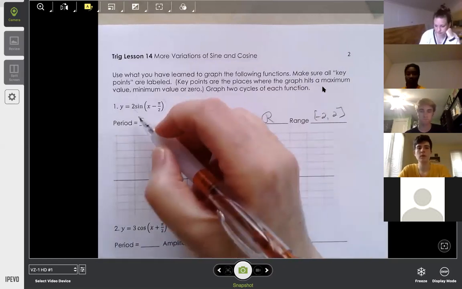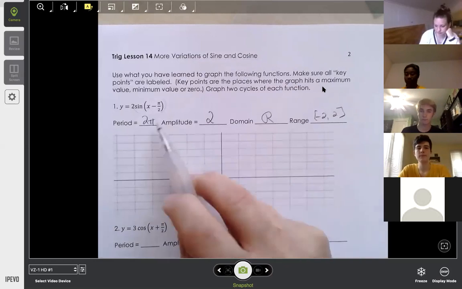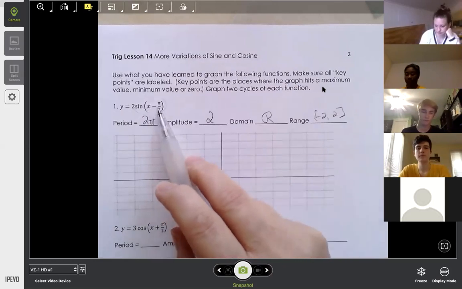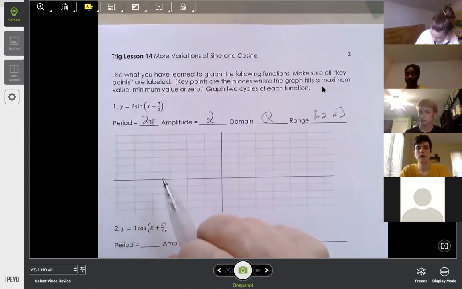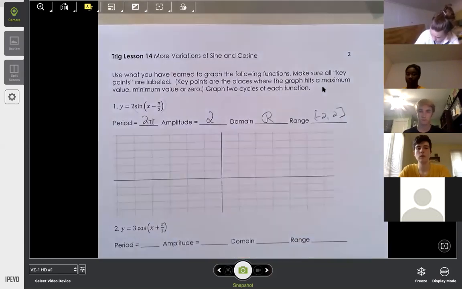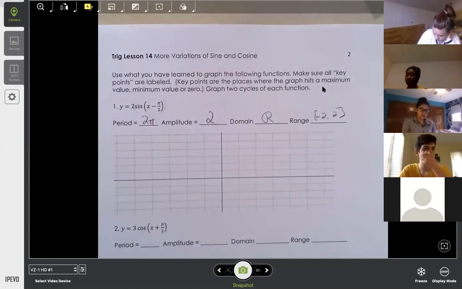No. So the period's still going to be 2 pi, but I am subtracting something from x. So is it going to move left or right? Graham, which way is it moving? It's going to move to the right, pi over 2.